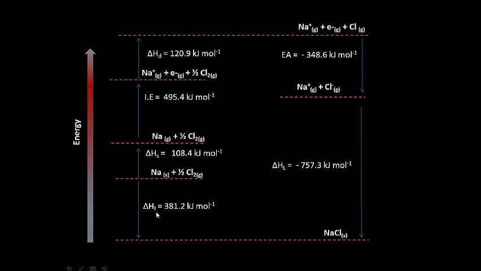According to Hess's law, the overall energy change in the process, delta HF, that is the enthalpy of formation of solid sodium chloride from sodium atom and chlorine molecule, is the sum of the enthalpy of sublimation of sodium, enthalpy of ionization of sodium, enthalpy of dissociation of the chlorine molecule, electron affinity of the chlorine atom, and finally formation of the crystal lattice, that is the lattice energy.